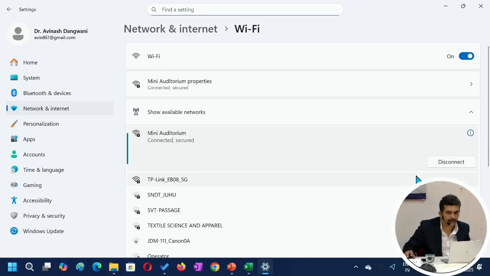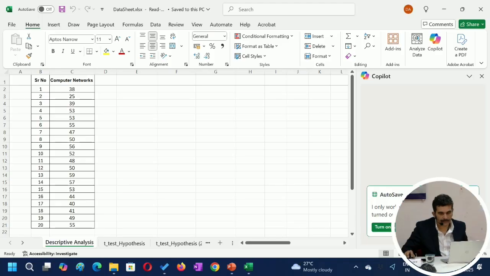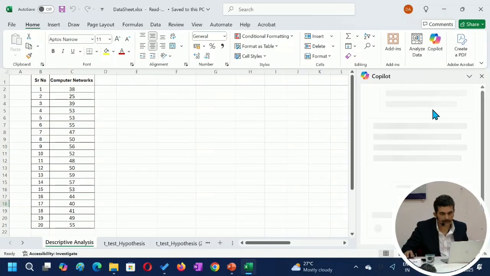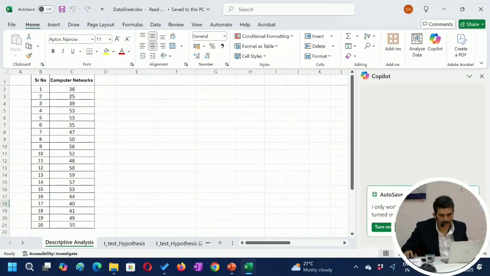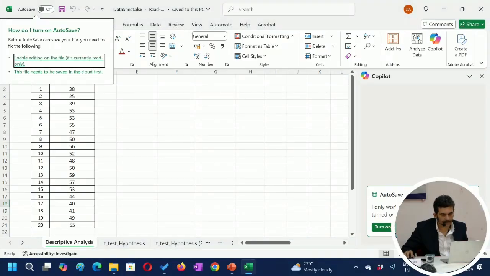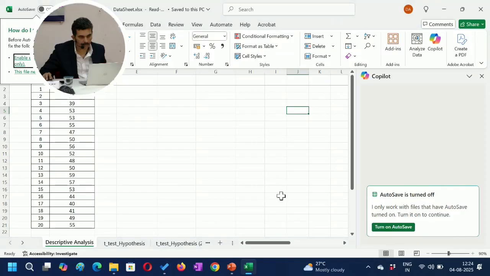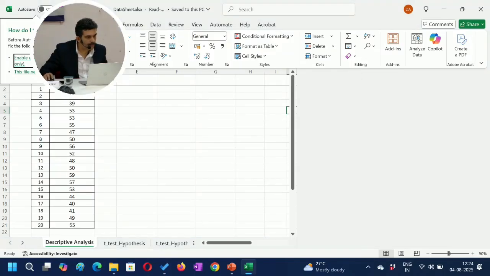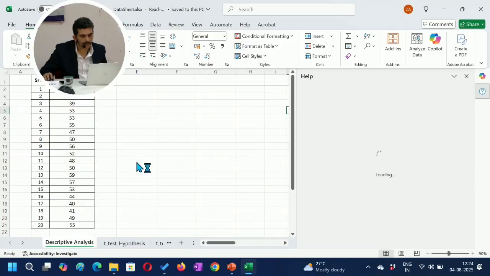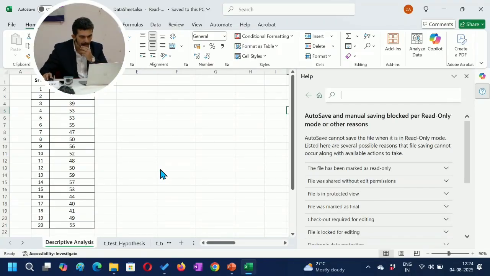Okay, so let us start Copilot again. Now I'm online. You can see the space for writing the prompt.